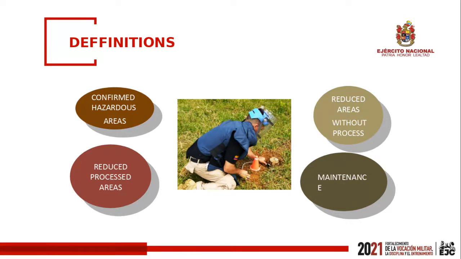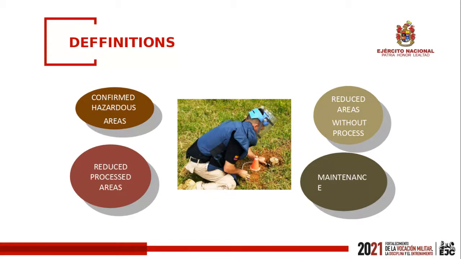The second, the reduced process area, is the result of the development of a technical study in a dangerous area or a confirmed dangerous area where it is concluded that there is no evidence of anti-personnel mine or an explosive device through direct physical intervention.